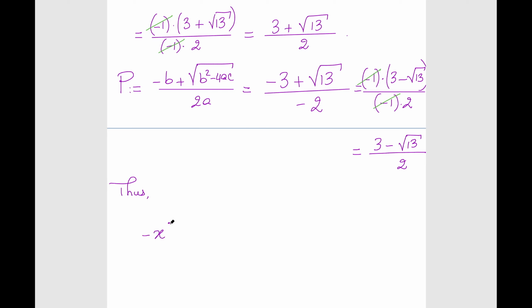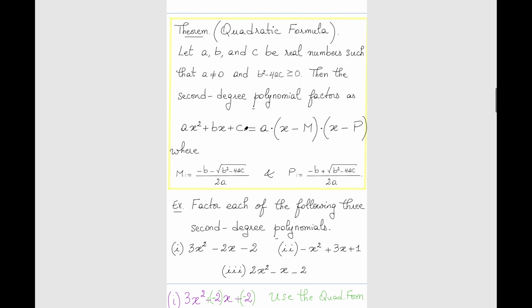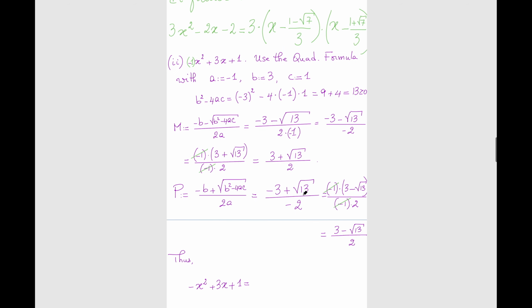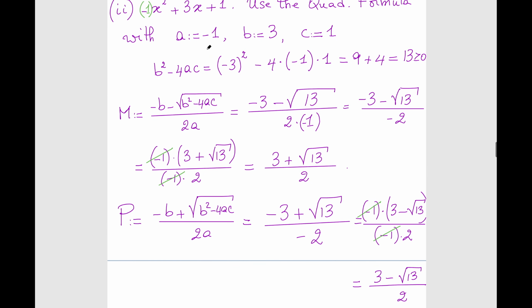All right, so at the end of the day, our second degree polynomial, which was negative x squared plus 3x plus 1, can factor as a, who's our a in our context? Negative 1 times x minus m times x minus p. So a is negative 1, right?